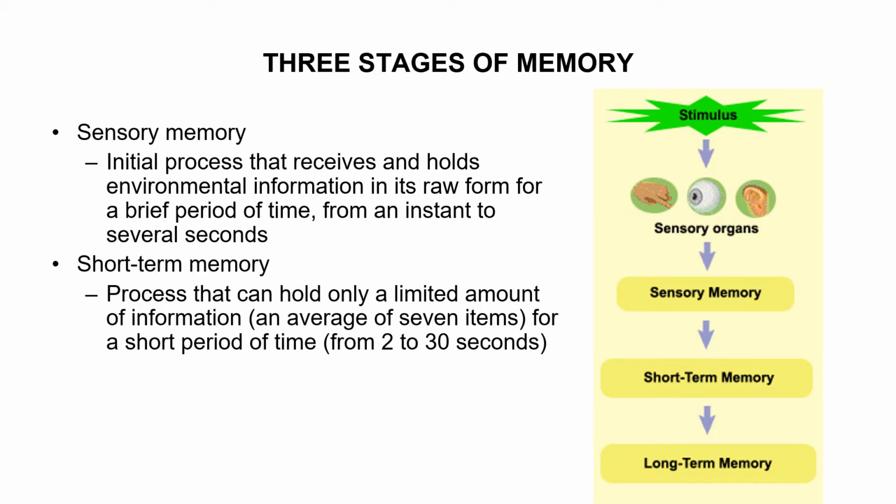The next important component is short-term memory. We'll talk about working memory in a minute, but for now we're going to talk about short-term memory. So short-term memory is a process that holds information for a limited amount of time. Essentially, we look at short-term memory as 2 to 30 seconds if you don't have rehearsal.